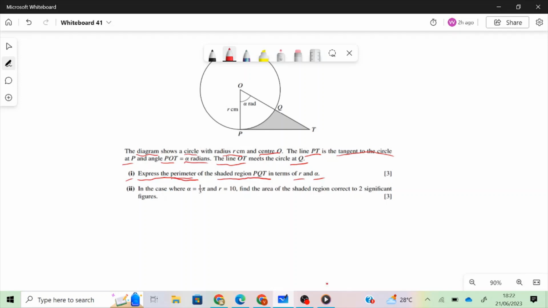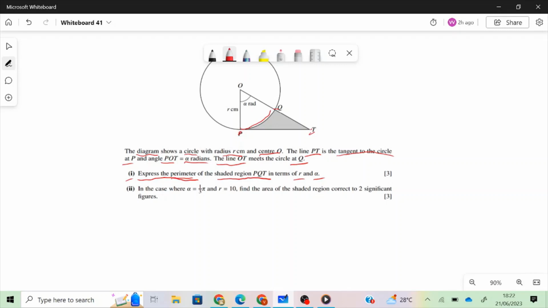That's the first thing. So simply we need to find the length of P to T. We need to find the length of Q to T. And we also need to find the length of this little arc over here in order to get the full perimeter of the shaded region PQT. And it's said in terms of R and alpha.